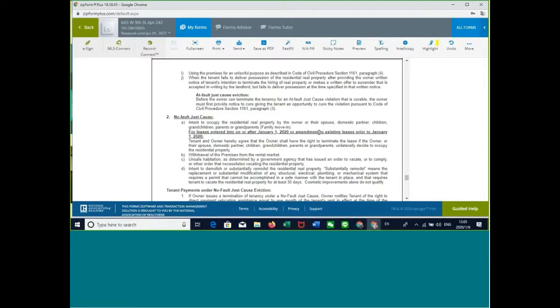Now, the owner always has the right to move in, okay? And they may be required to pay relocation costs in some cities, but they always have the right to end any leases if they want to move in.